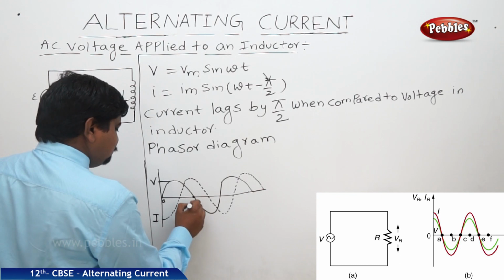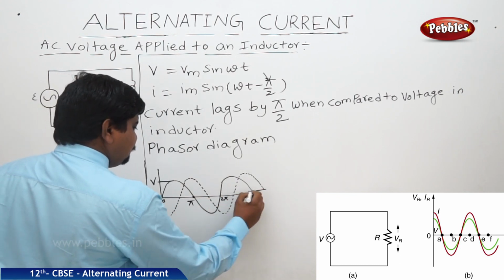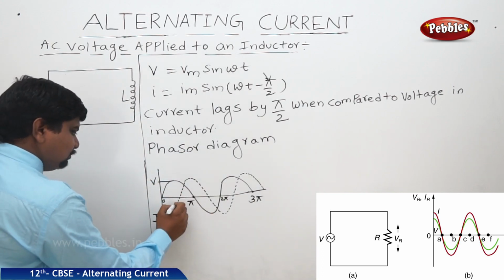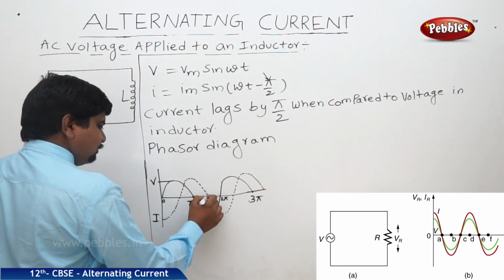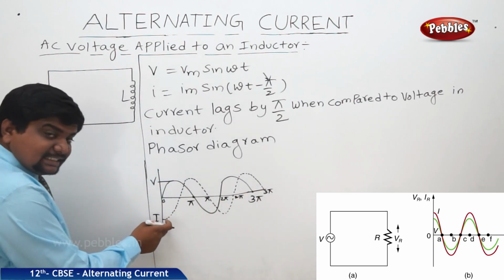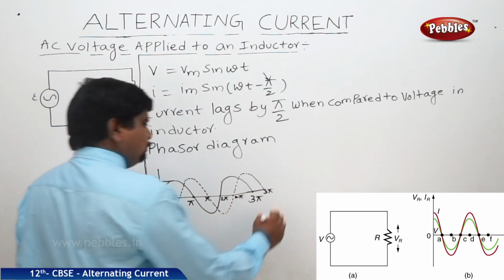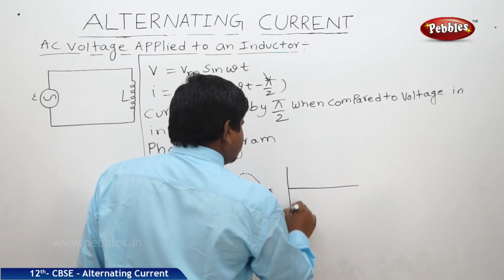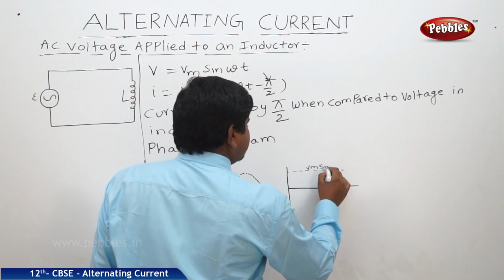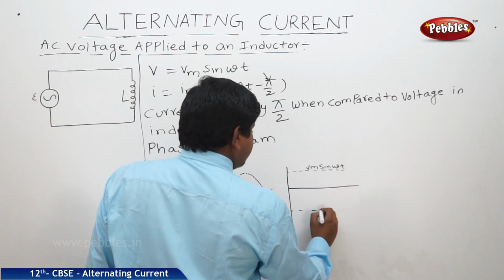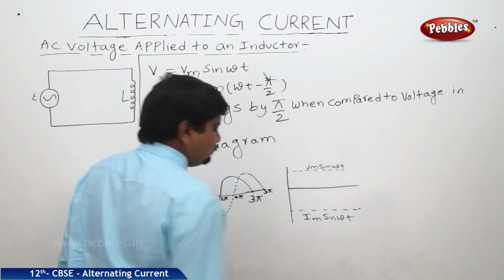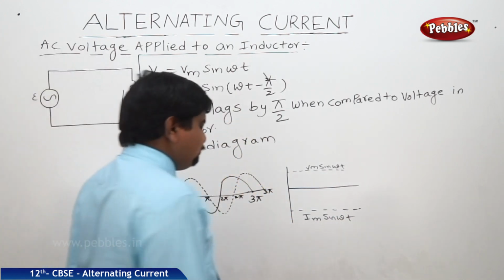This is 0, pi, 2 pi, 3 pi, and this is also 0, pi, 2 pi, 3 pi. And first it starts from the negative side. The solution of this diagram is like this. This is Vm sin omega t. This is Im sin omega t, which is nothing but Im sin omega t minus pi by 2.